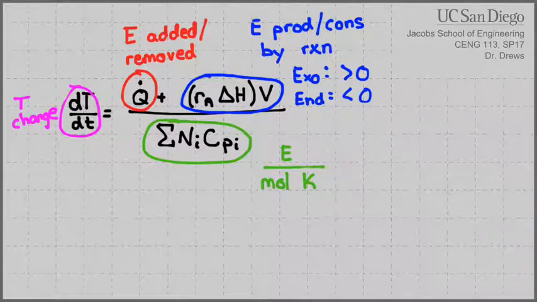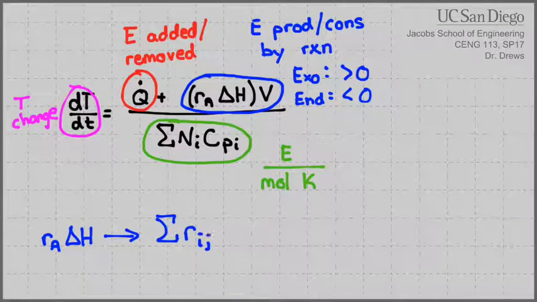So when we switch to a multi-reaction system, the only change is that the blue term, instead of saying r_A times delta H, becomes the sum of the rates of all reactions r_ij times their enthalpies of reaction, delta H_ij.